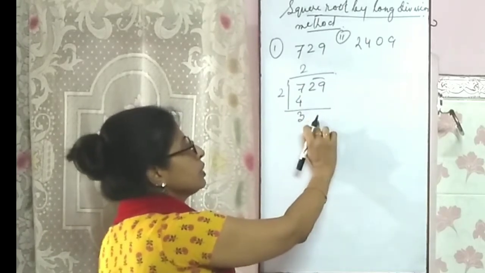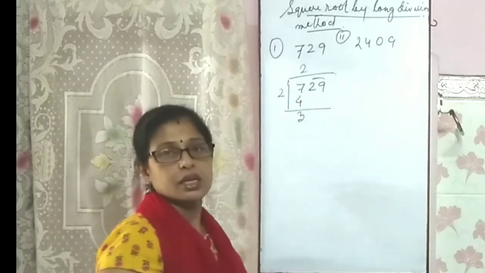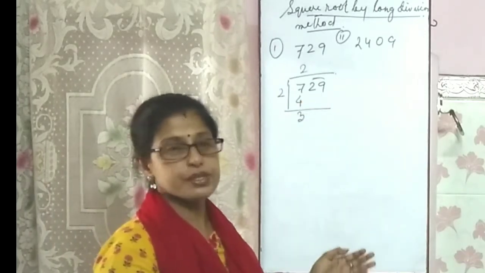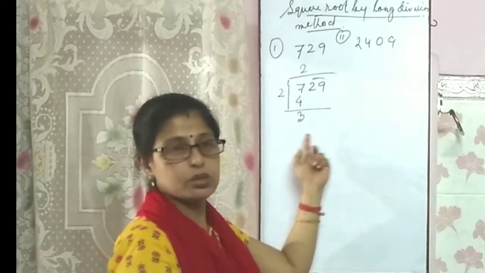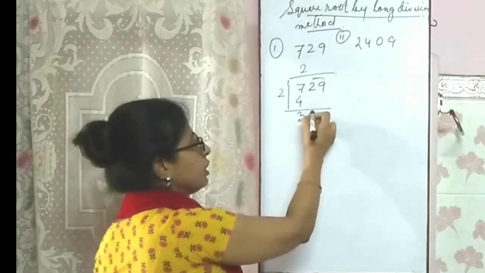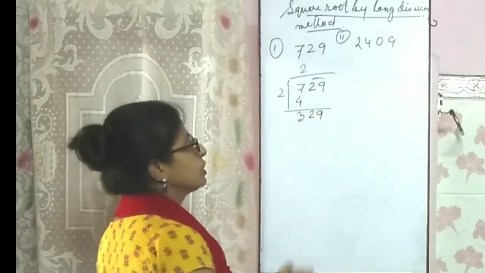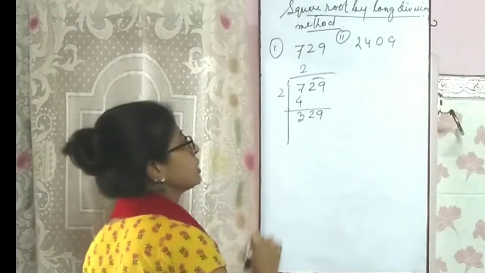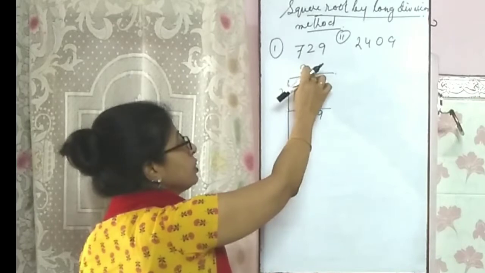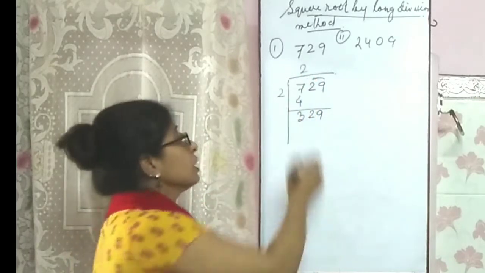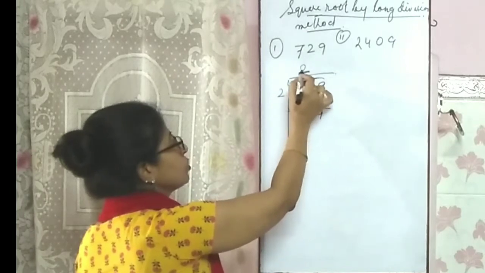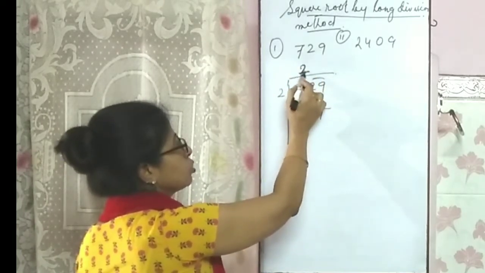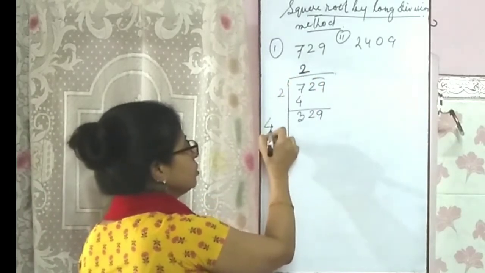While bringing the number down this time, unlike general division, a single digit doesn't come down, it comes as a pair: 29, so it would be 329. Now again the same method: whatever number you have got in the quotient, you make it double. 2 you make double, 2 2s are 4.